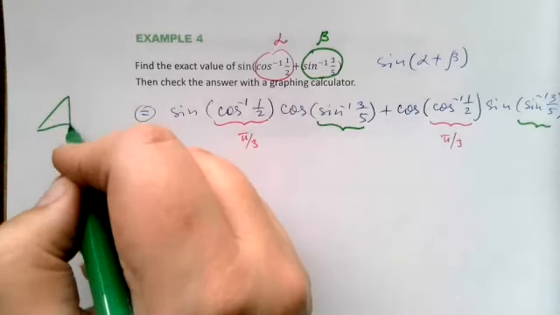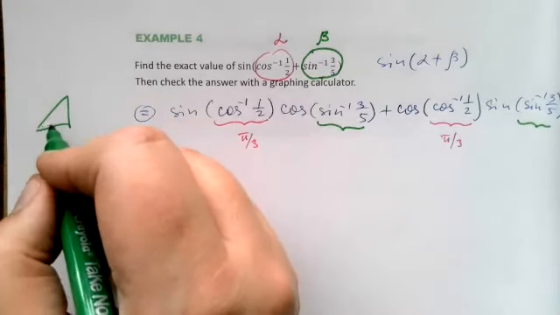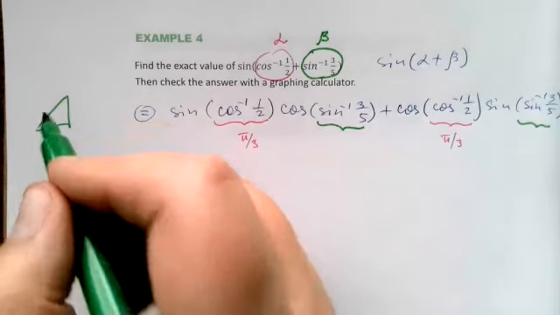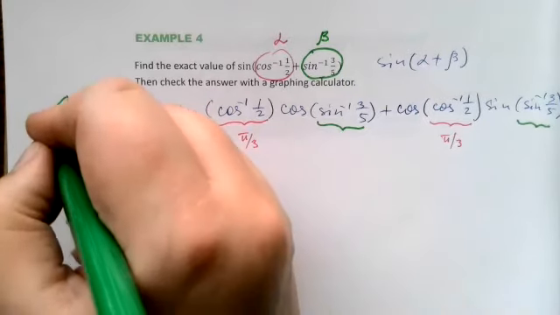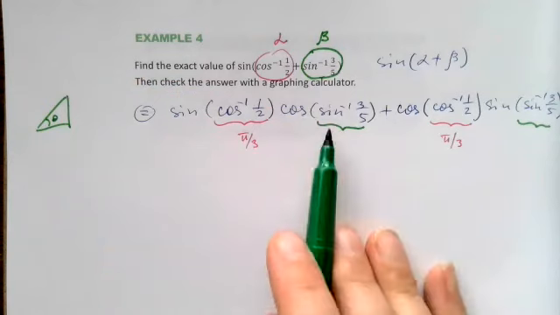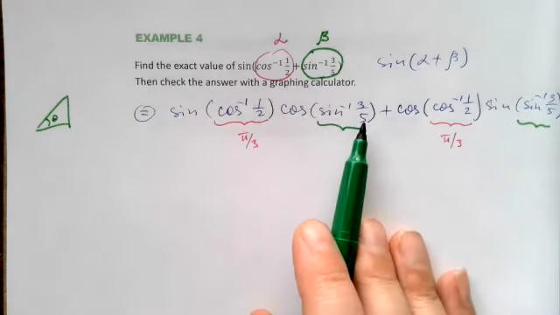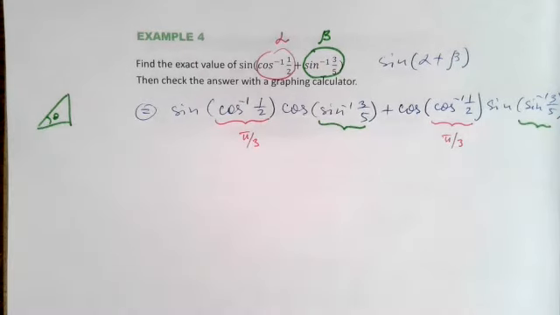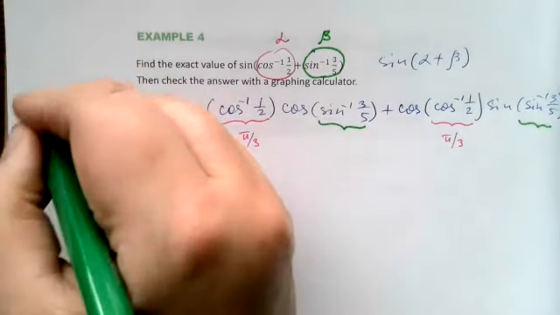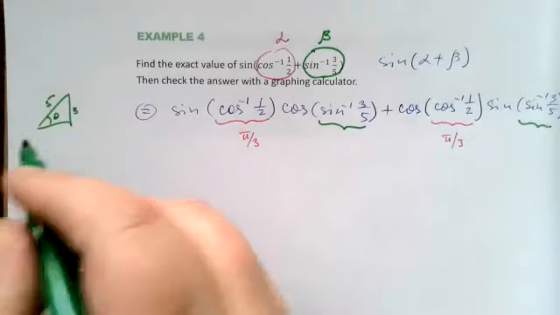If we draw a right triangle with our angle theta, and we know that the sine of that angle is 3/5, that means the opposite side is 3 and the hypotenuse is 5.